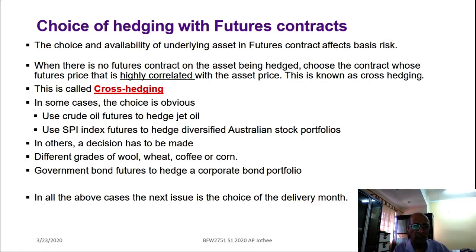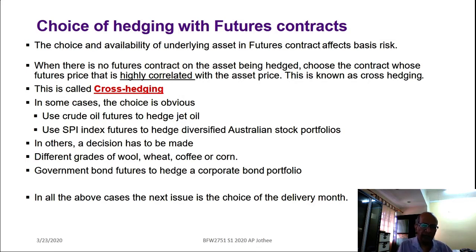What is it known as? Cross hedging. In some cases, the choice is obvious. In some cases, you have to ask your broker to search. Okay, use crude oil futures to hedge jet fuel. This is quite common. Using the SPI index futures to hedge diversified Australian stock portfolios. In others, adjustment has to be made.